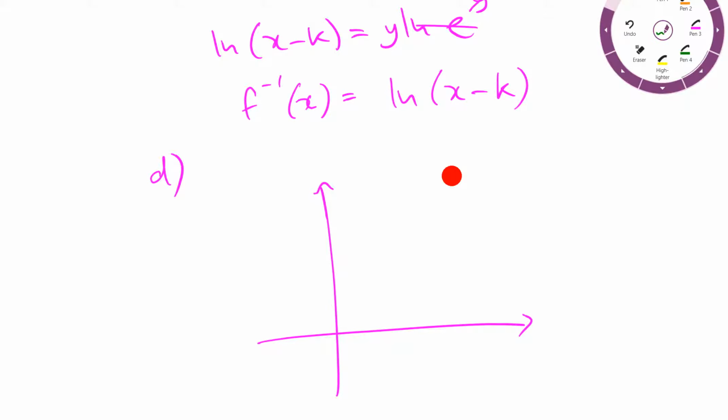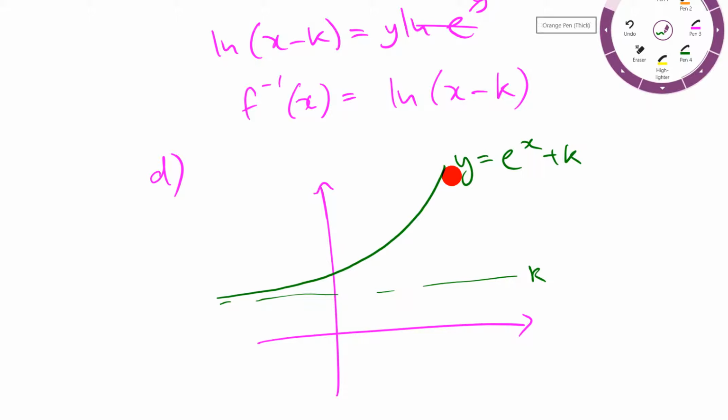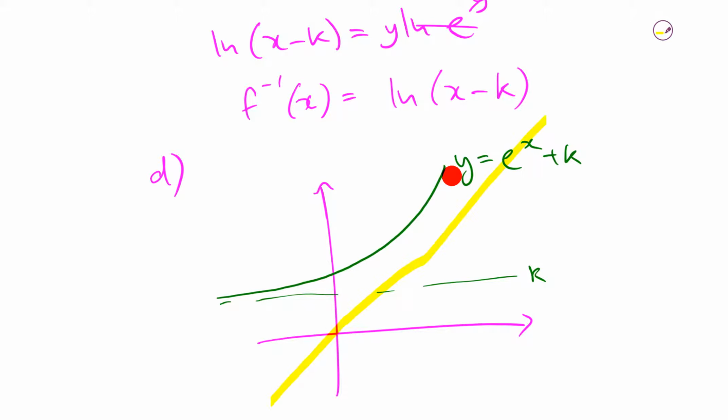The first graph, y equals e to the x plus k, has that asymptote there. Then let's do a highlighter: there's our y equals x, your mirror line. Might as well draw that to help ourselves out.